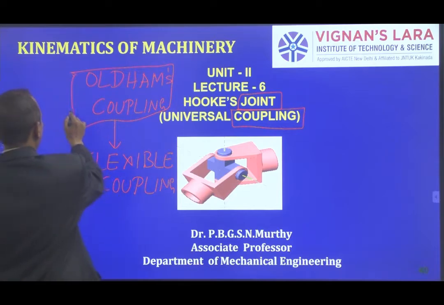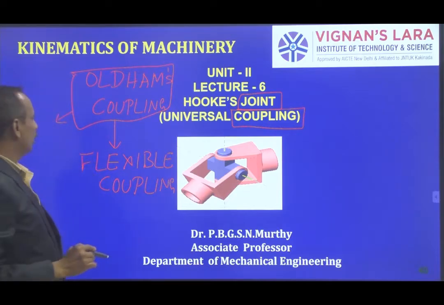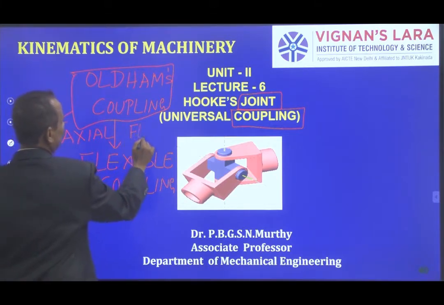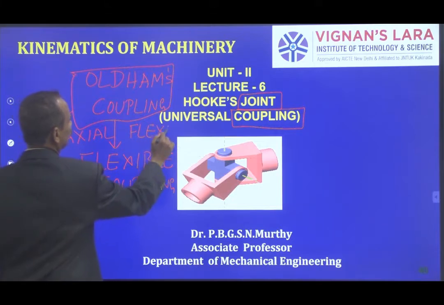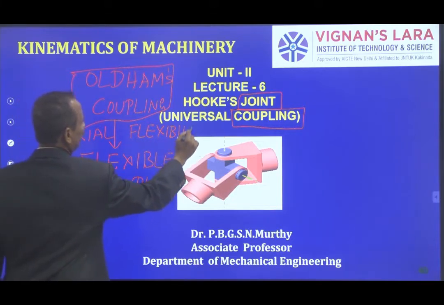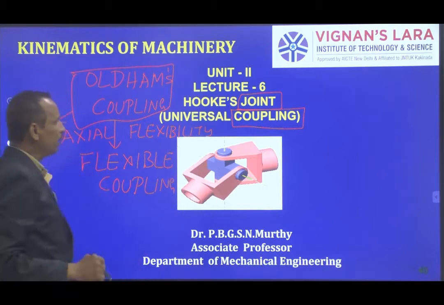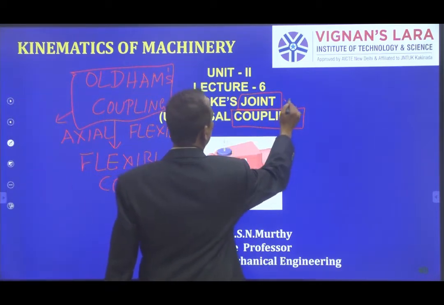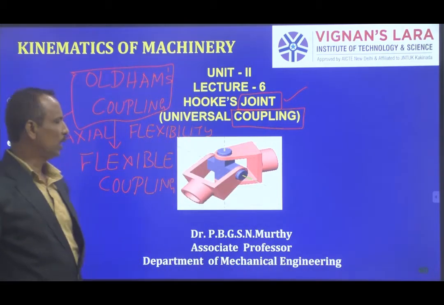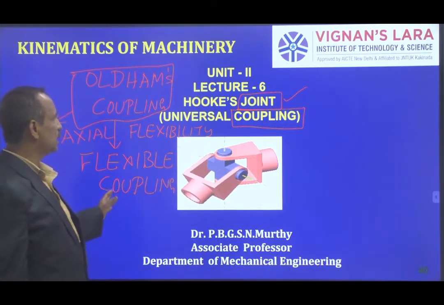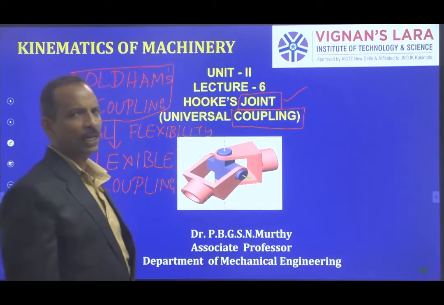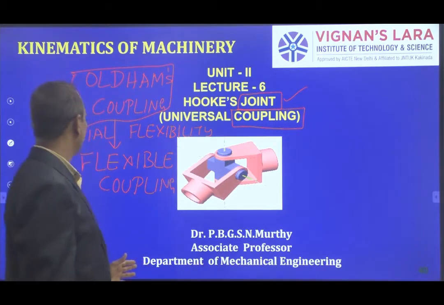So the Oldham coupling takes care of axial flexibility. Then what about angular flexibility? That is obtained in the hook joint. So let us see a practical case where we require such angular flexibility.